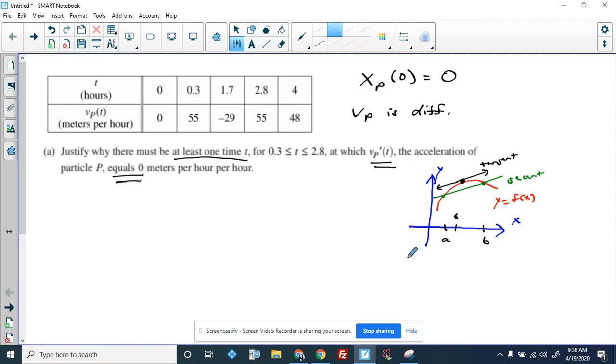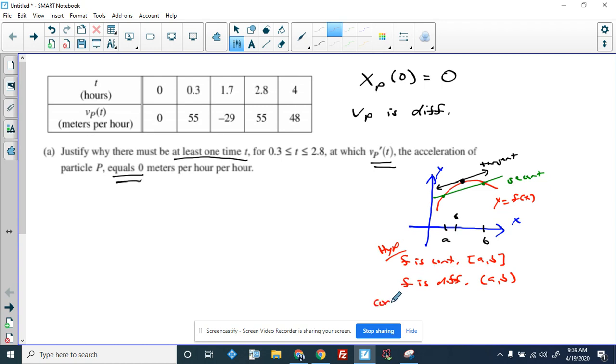So a couple of things here. In order for you to say this, you need to know that f is continuous on the closed interval [a, b], and that f is differentiable on the open interval (a, b). This is the hypothesis, the if part of your theorem. This has to be true.